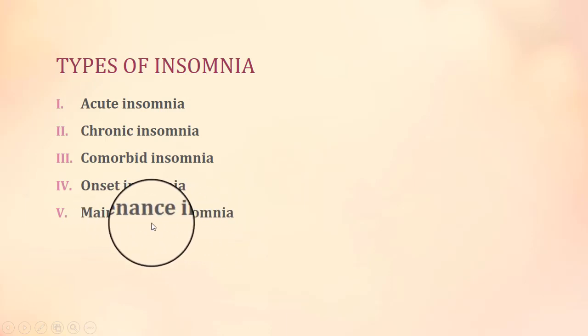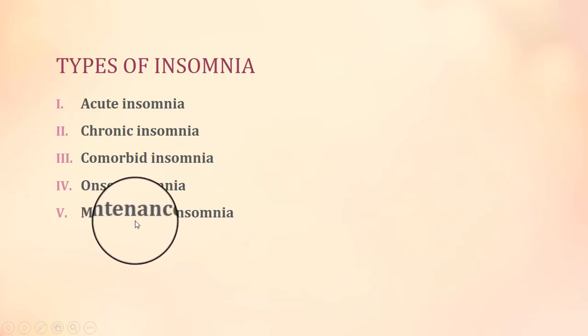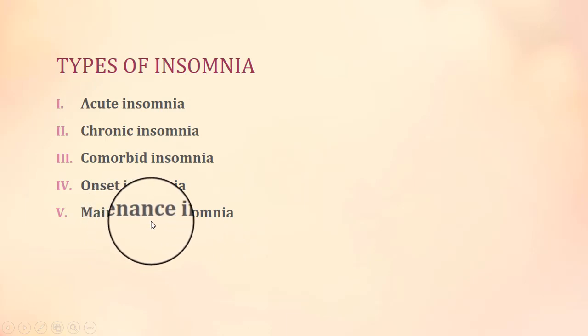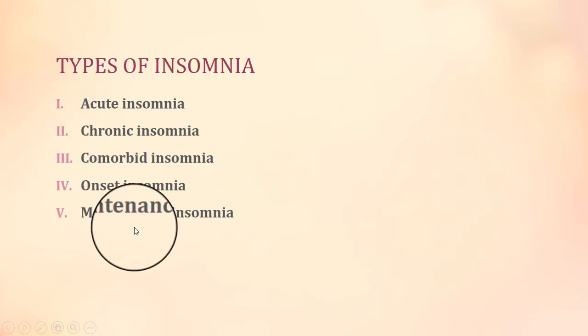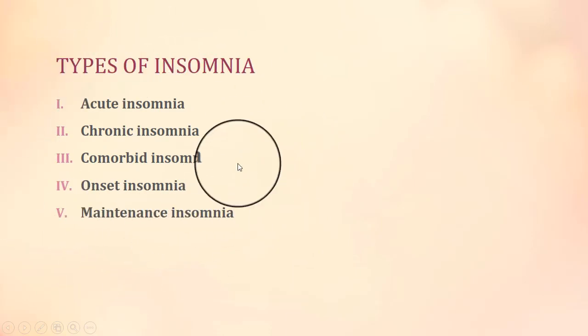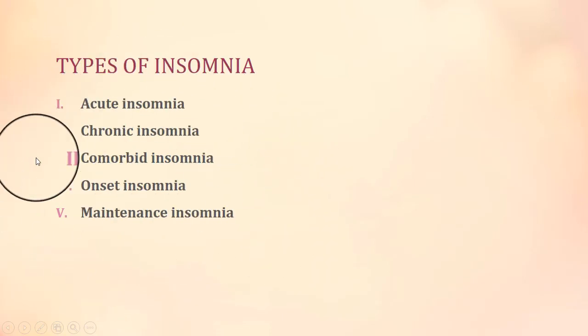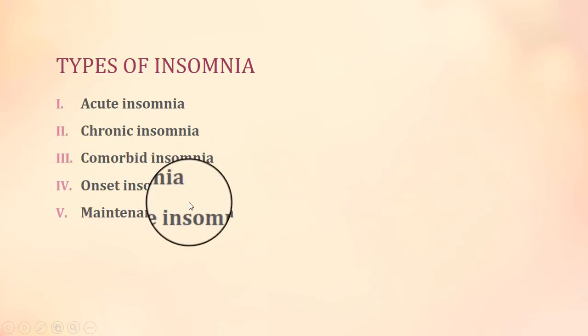The person is unable to sleep in the second half of the night, that is the later half of the sleep. So this is the fifth type. By understanding these terms, you will be aware of what type of insomnia you have, or your surrounding people or friends have. Through these 5 types, you can differentiate between them. This was all about the types of insomnia.